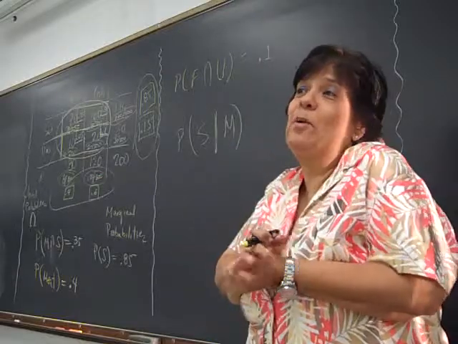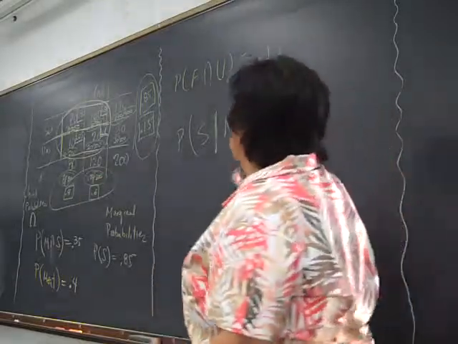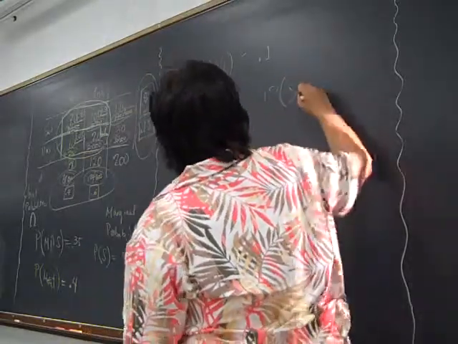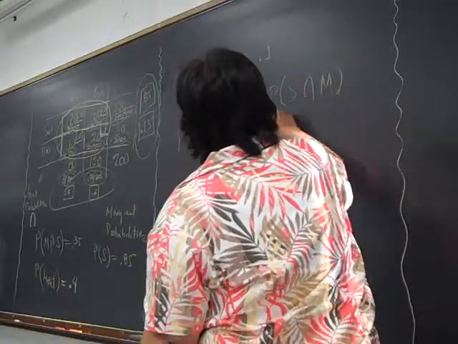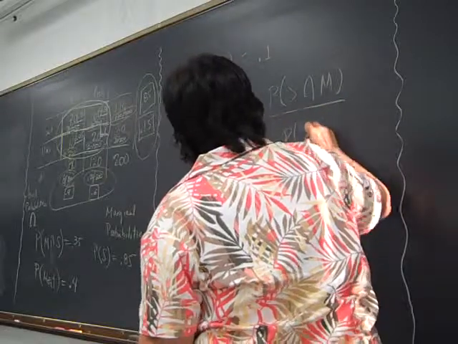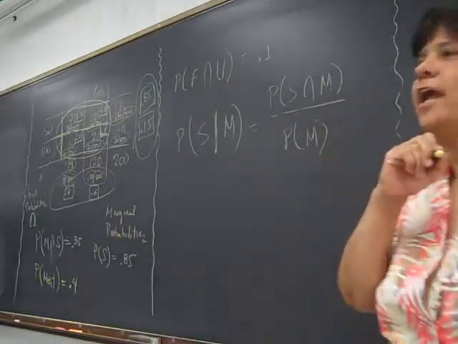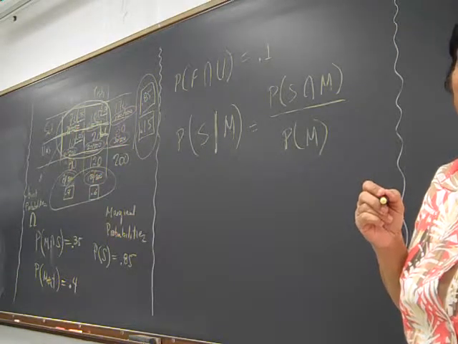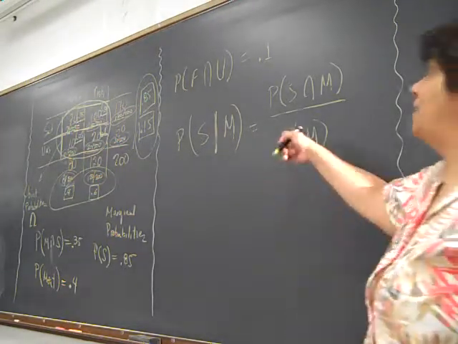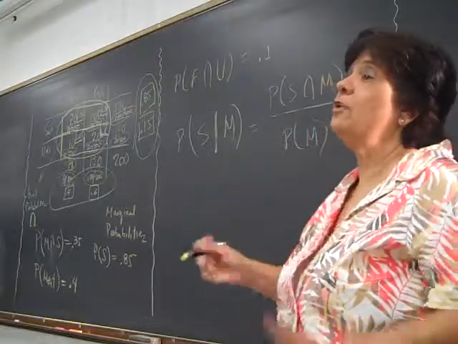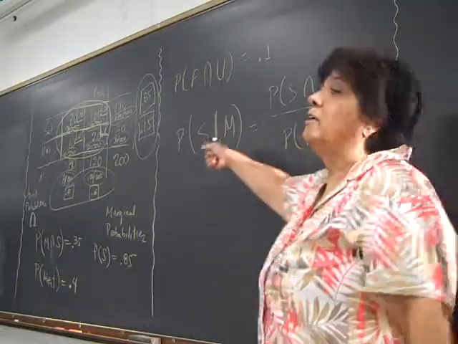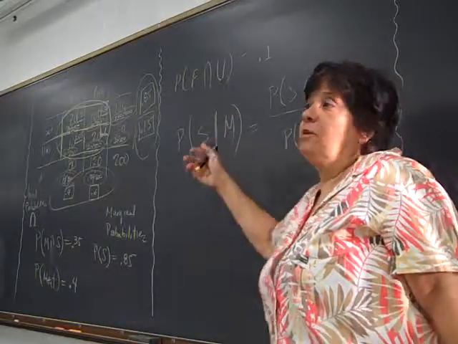What is the probability that the person is satisfied given that he or she ate meat? Then we are going to apply what? The multiplication rule, and we're going to say that it is the probability that the person is satisfied and ate meat divided by the probability that he or she ate meat. Remember, the multiplication rule is what you use when you need to find the conditional probability.